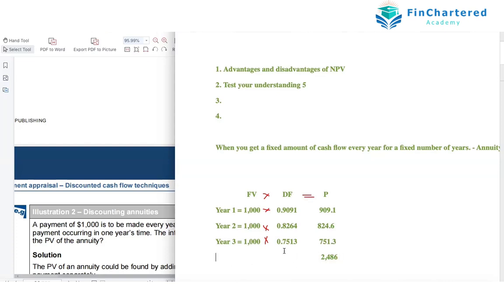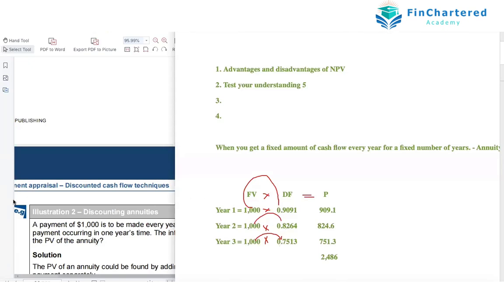But can I do it this way? Can I make my life a little easier? Instead of multiplying one by one, 1000 into 0.909, 1000 into 0.826, 1000 into 0.753, can I do it another way? Because every year the amount is literally the same. There's absolutely no difference. It's 1000, 1000, 1000 every year. So maybe there is an easier way around this question.